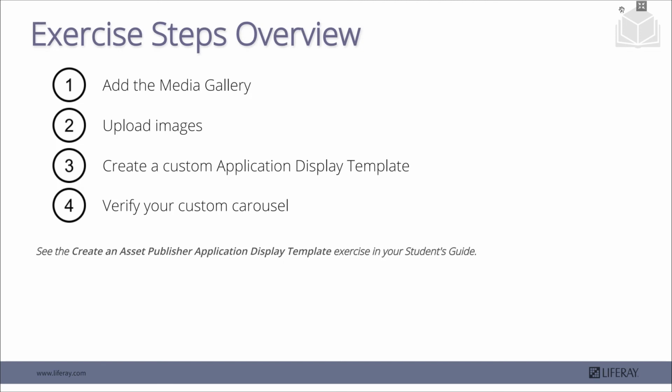We're first going to add the media gallery to our Liferay page. From there, we're going to upload a couple of images so that we can actually see some of the images within the media gallery. From there, we'll create the ADT for the media gallery, and then we'll take a look once we refresh of the ADT in action. So let's go ahead and work on that exercise.